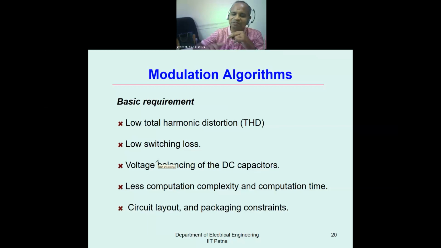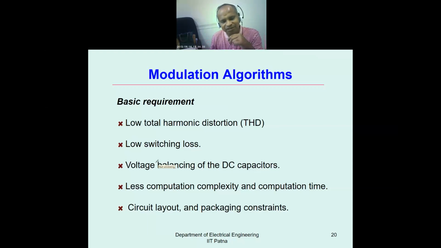Then they tried to find out what autocorrelation and cross correlation are. In communication theory, if you go through it, there are a lot of things. Then they started delta modulation.